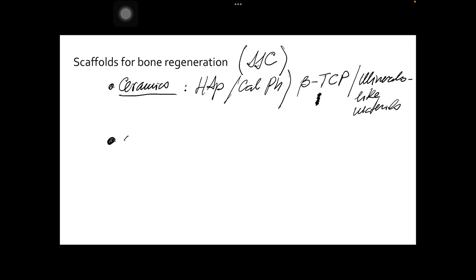On the other side, we can use natural polymers like collagen, as we said before, or hyaluronic acid, which is one of the GAGs that we discussed before, to create biocompatible materials that can trigger minimal immunological responses or rejections.